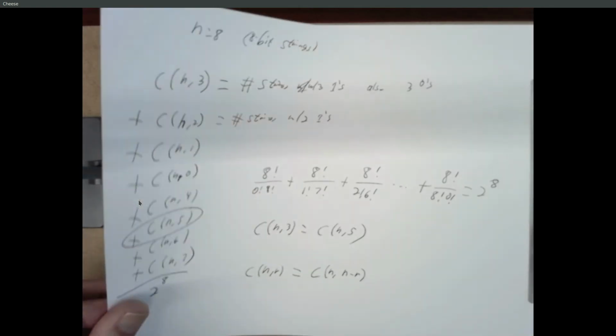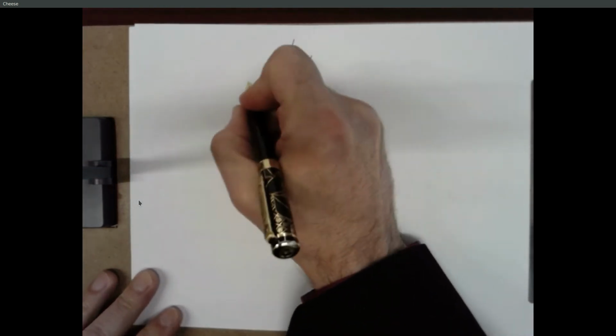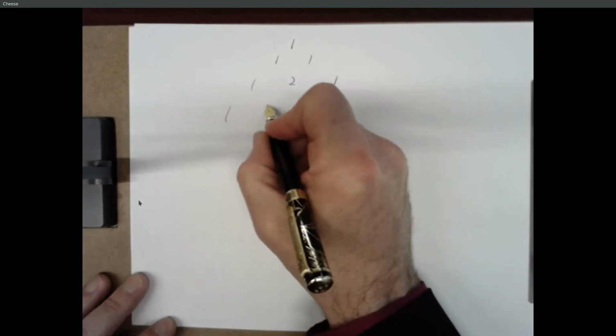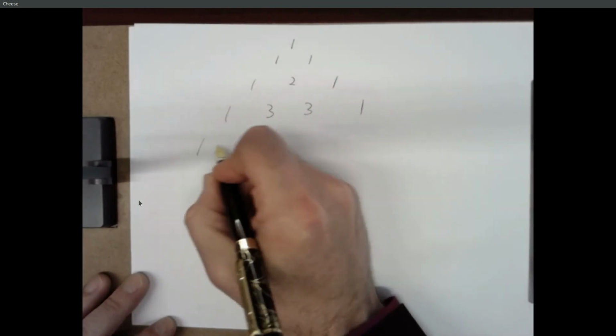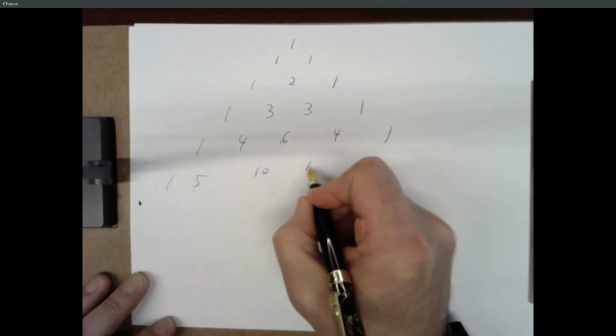So lots of symmetries. Well, let's draw a picture, because that's what symmetries inspire us to do. So shout when you've seen this. Seen it? Okay. It's Pascal's triangle. Wow.